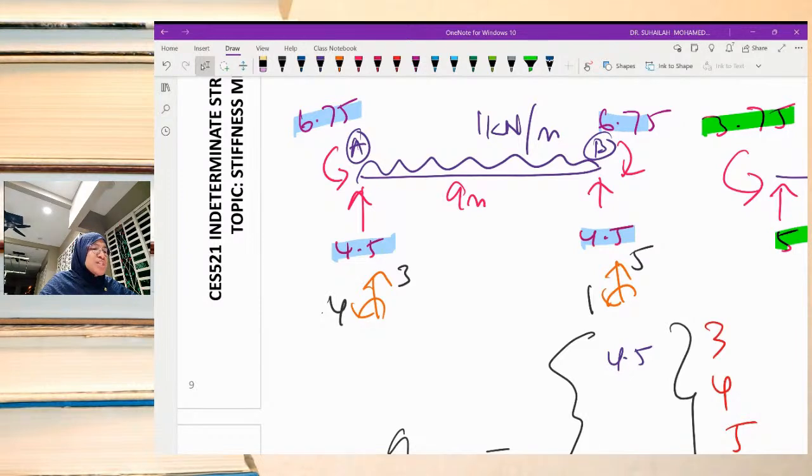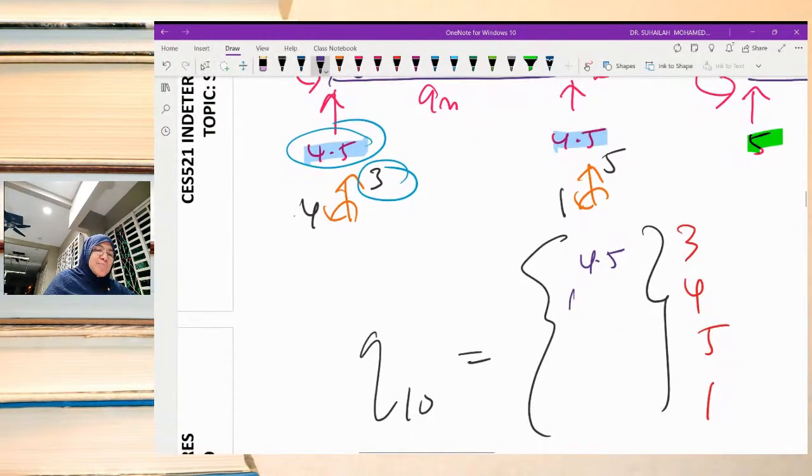Position 3 is 4.5, correct? 4.5 belongs to 3. Now position 4, the value is 6.75.